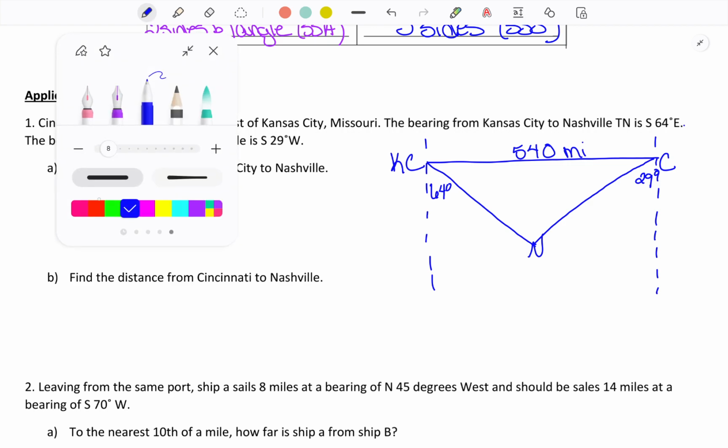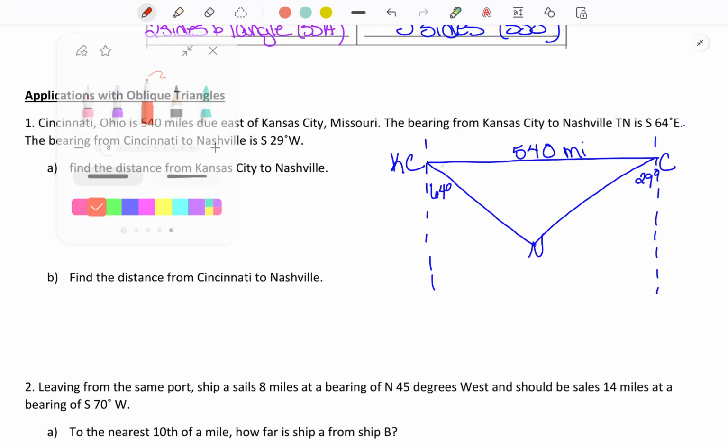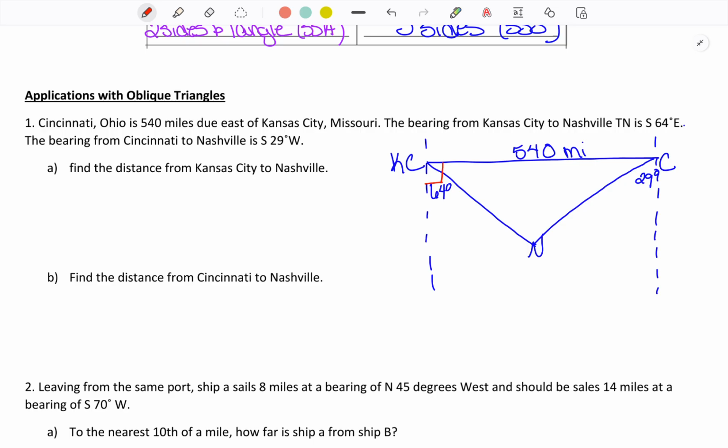So both of these angles are right angles, so they're a total of 90 degrees. If we subtract 64 from 90, that leaves us 26 degrees inside the triangle.